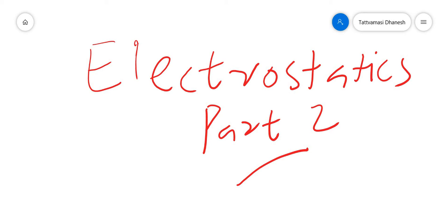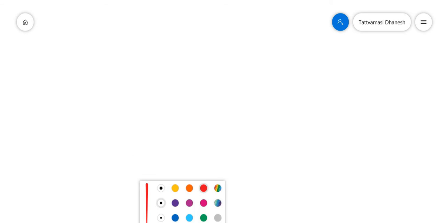In the last video, we covered what is electric charge and Coulomb's law. Electric charge is the fundamental quantity in electricity, and its unit is Coulomb. The charge of an electron is very important: it is 1.6 into 10 raised to minus 19 Coulomb. I am again revising whatever we discussed.